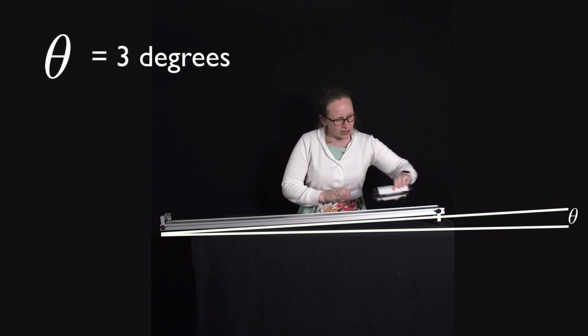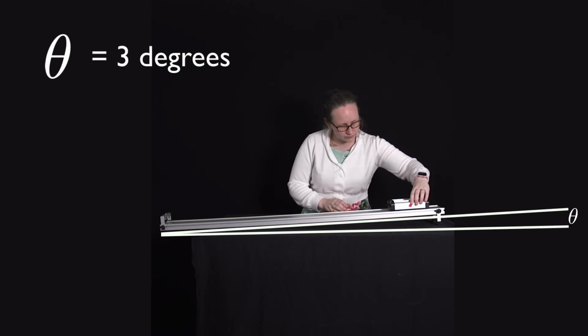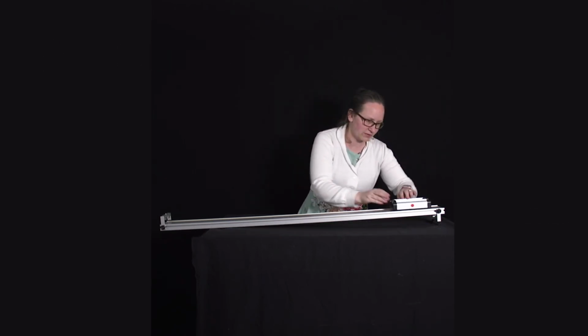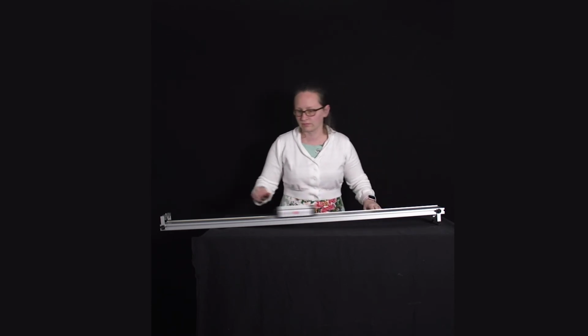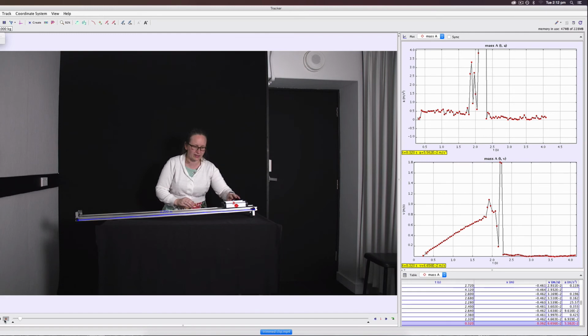So let's let our cart run down the plane. Now we can use the Tracker program to calculate the acceleration of the cart as it moved down the plane and check, is it equal to g sine theta? Okay, let's watch this in Tracker now.